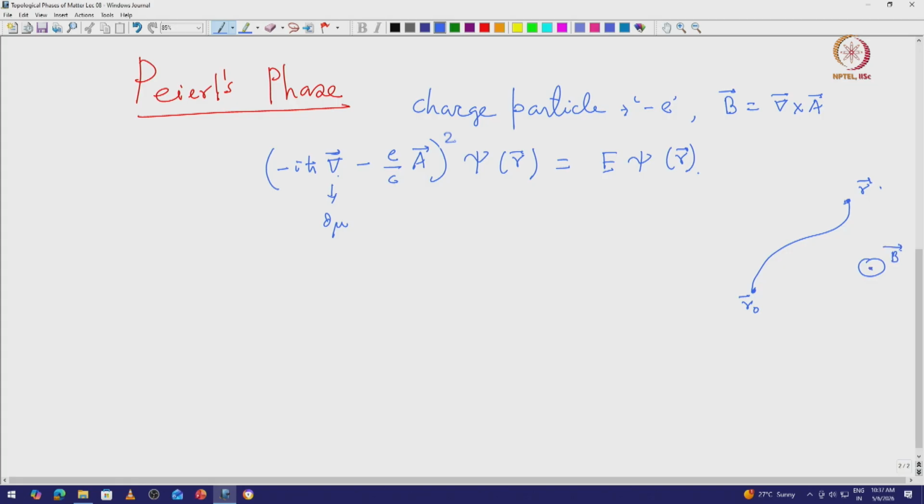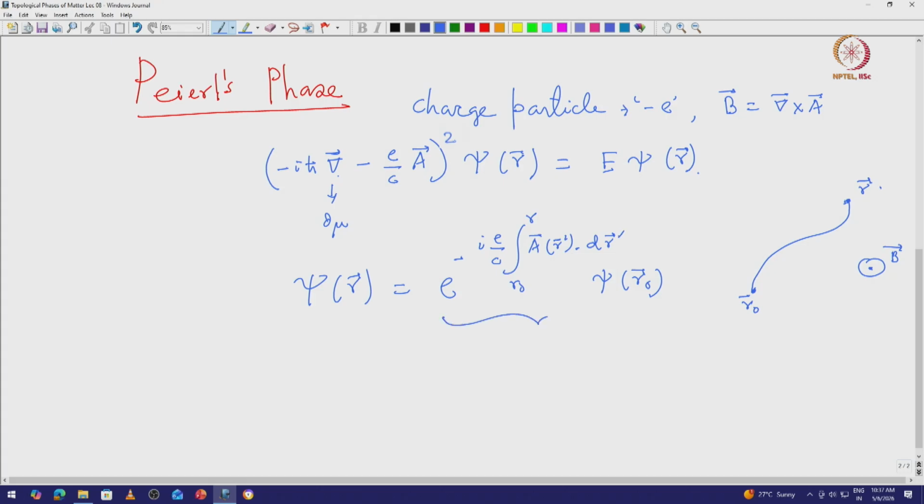Okay. Now, instead of solving it, we can just use a parallel transport. So, the psi at r is transported parallelly from r0, right.